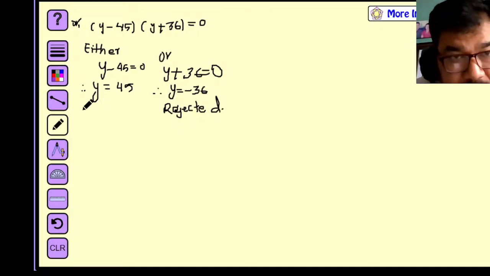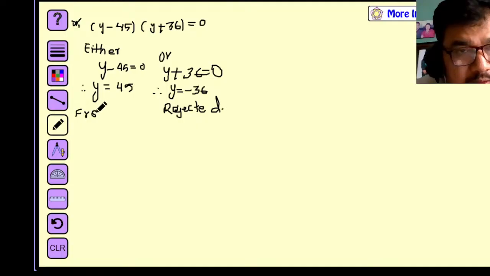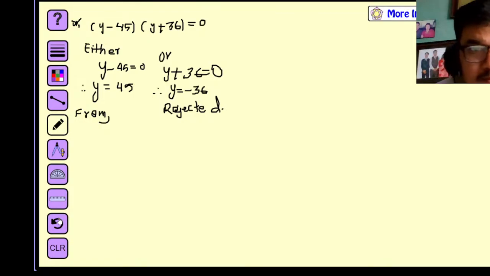Then what happens here? From equation 1 we know, in equation 1 what is there?